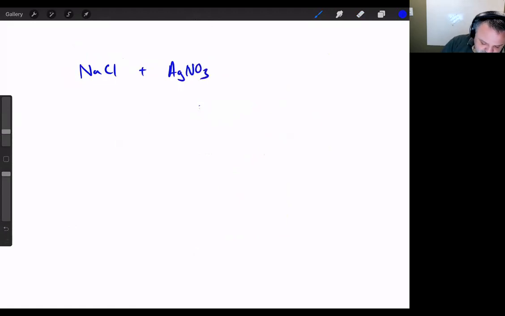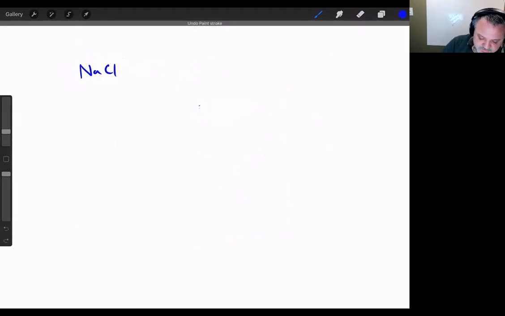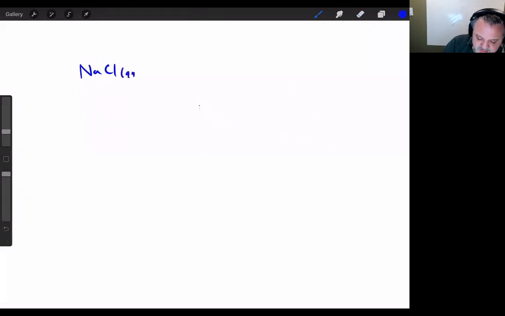What I want to do is add state symbols. So let's say that we have an aqueous solution of sodium chloride and an aqueous solution of silver nitrate, and we pour them together.